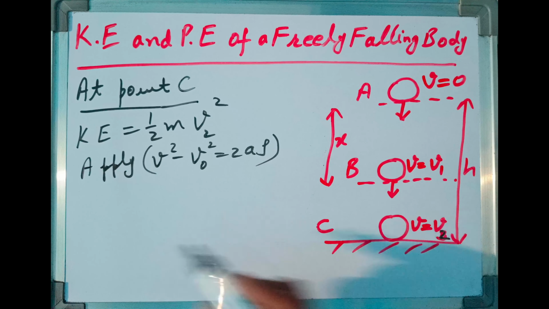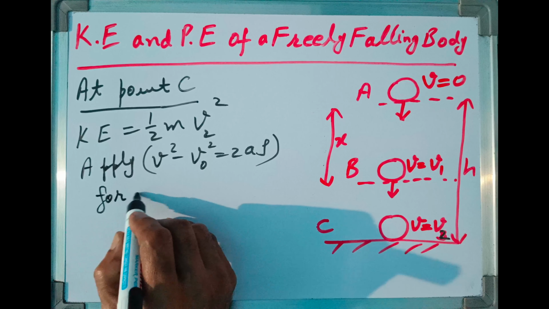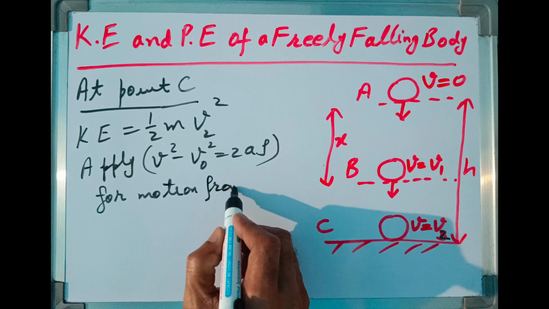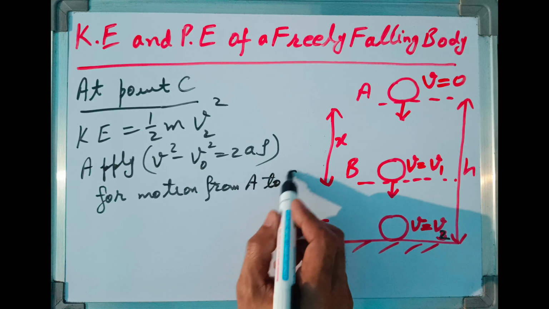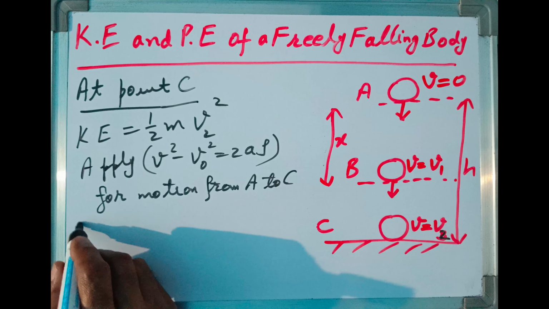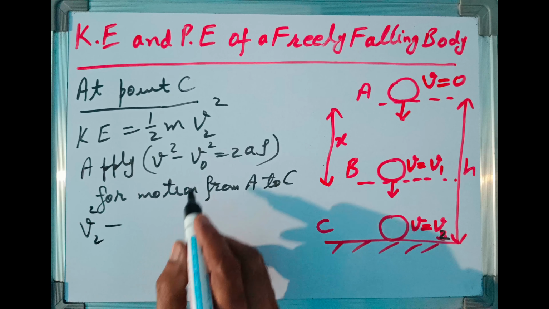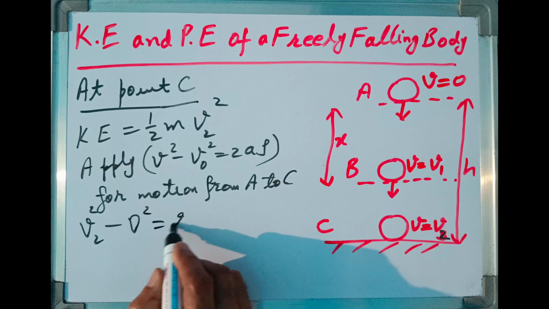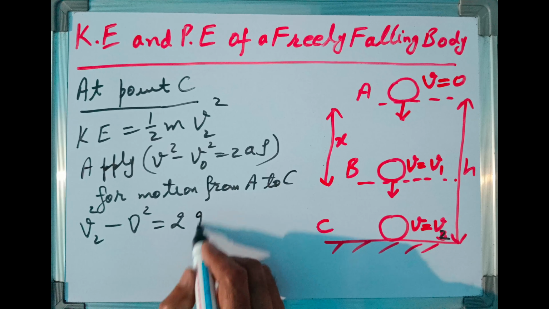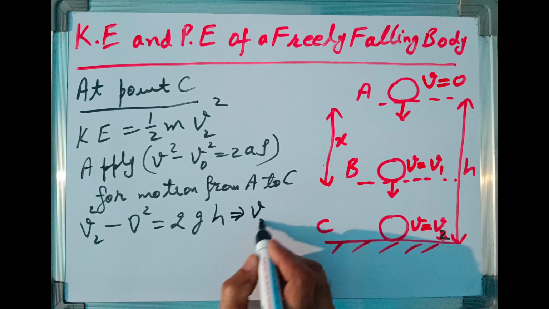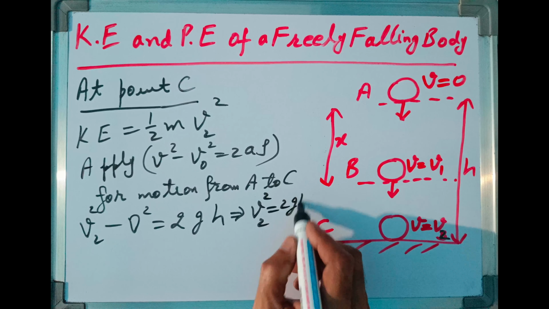So using this for motion from point A to point C, finally speed is v2, it will be v2 square minus v naught square, means initial, that is 0 square, equal to 2. a means acceleration due to gravity here. What is s? s means distance traveled is h, 2gh. This will give us v2 square equal to 2gh.